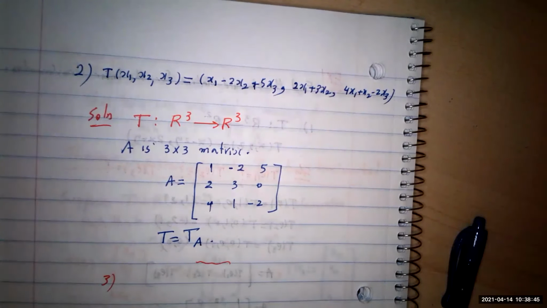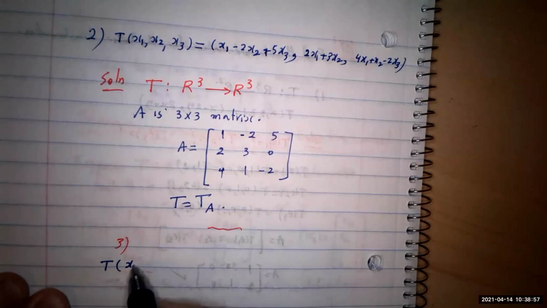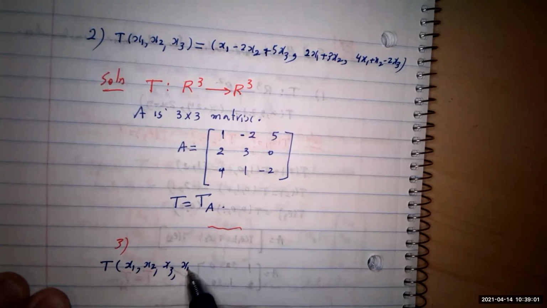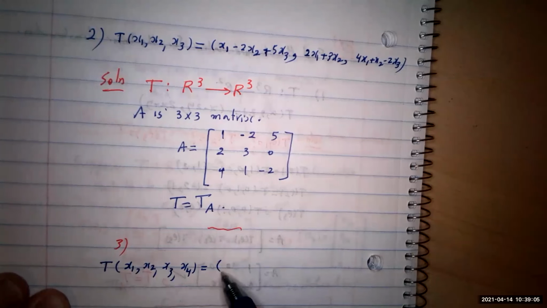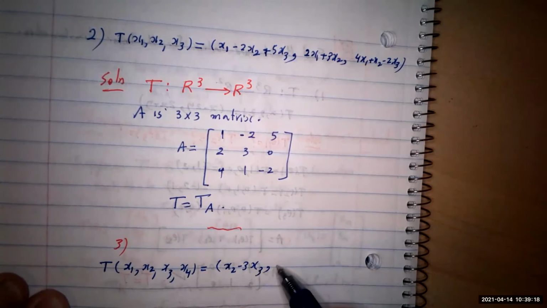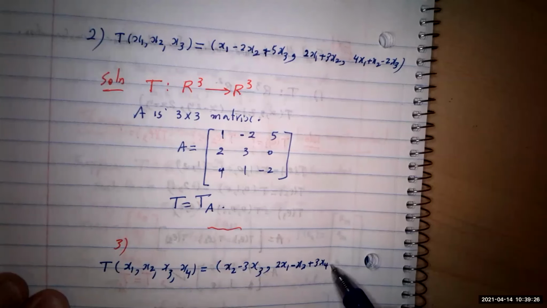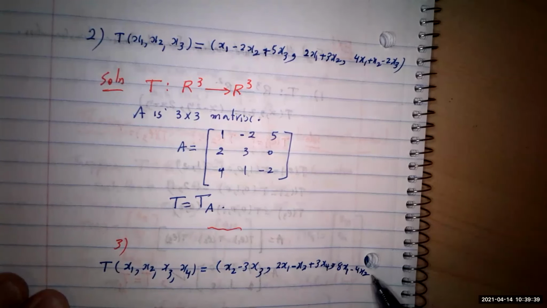Let's have another one, number 3. This is a given transformation, T of (x1, x2, x3, x4), given as x2 minus 3x3 plus 2x1, so it's 2x1 minus x2 plus 3x4, and the other one is 8x1 minus 4x2, sorry about that, I have to go down, plus 3x3 minus x4.